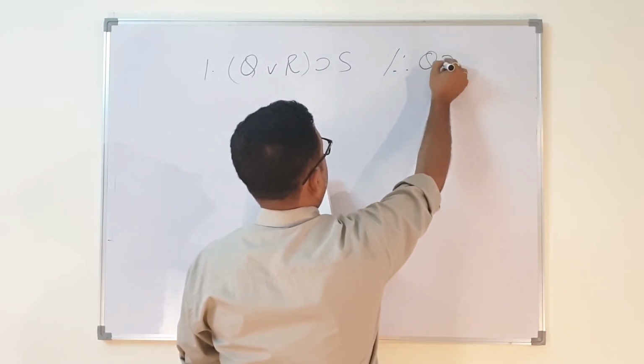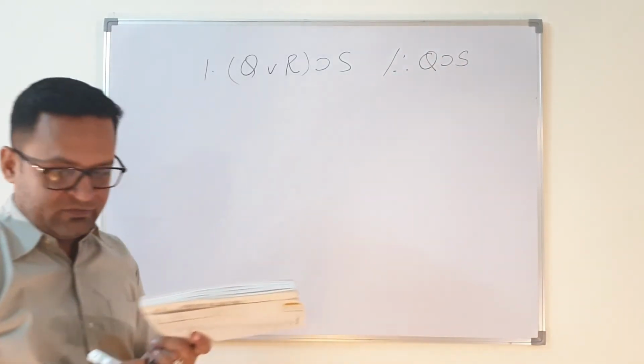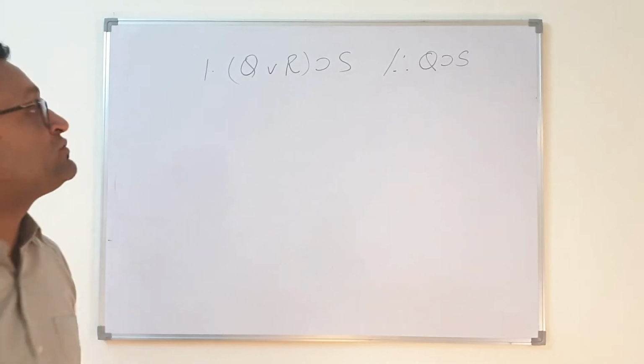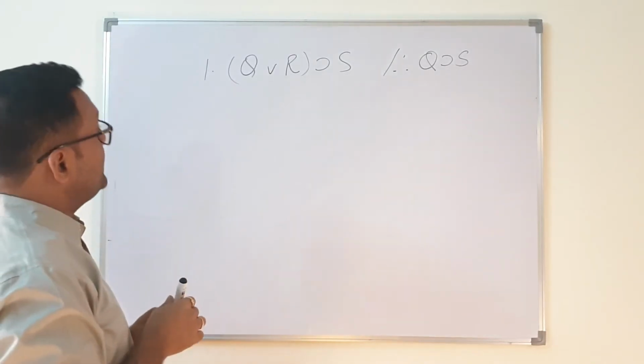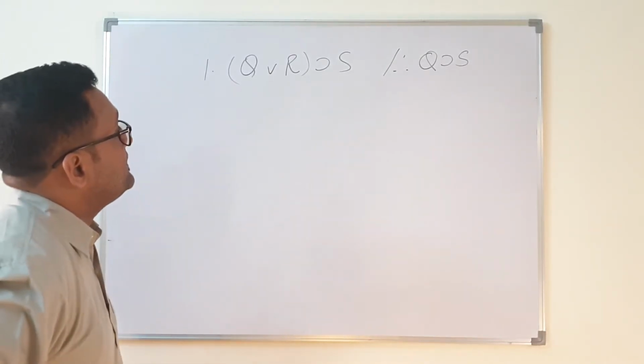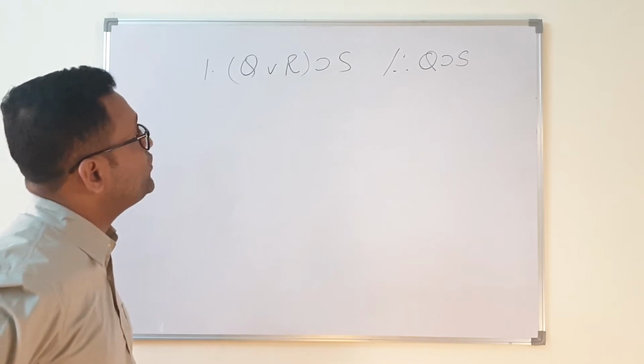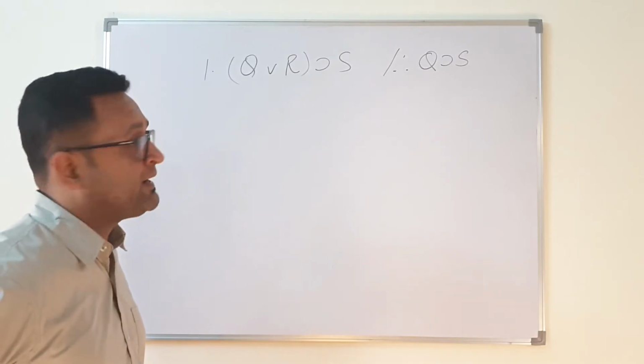Therefore, Q implies S. This is the question we need to solve. From Q wedge R implies S, we should get Q implies S.